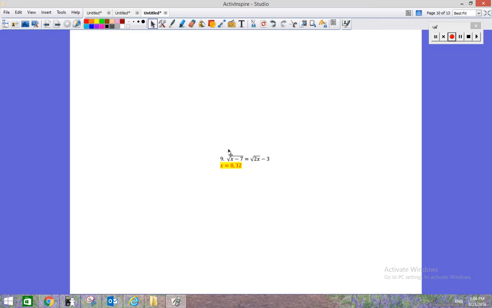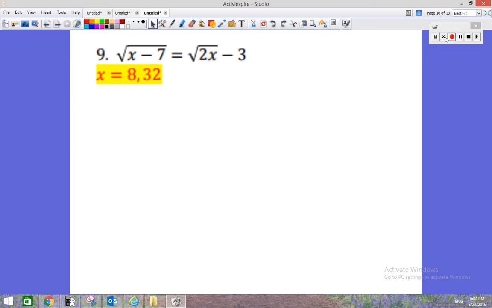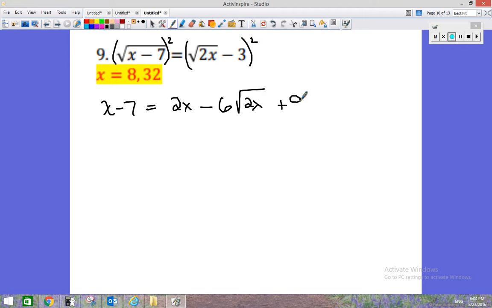Let's take a look at number 9. Alright, so if I square the left-hand side, I have to square the right-hand side. The radical goes away. I get 2x minus 6 radical 2x plus 9.